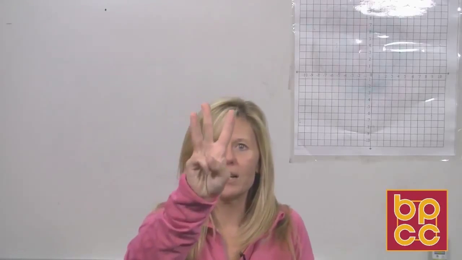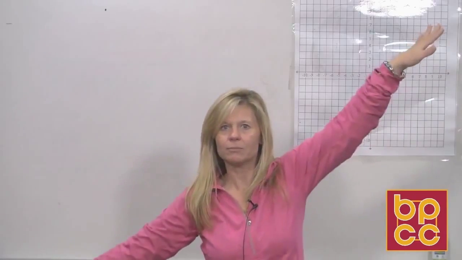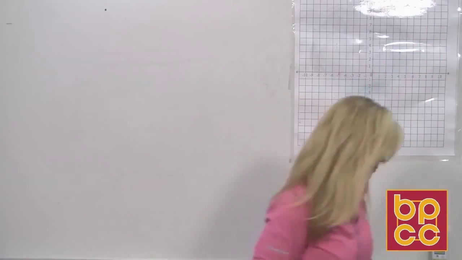And if you hold your hands slanted, you're making a diagonal line. So in this module, we're going to be graphing linear equations. Linear equations make lines. There are only three types of lines I could ask you to draw: horizontal, vertical, diagonal. Okay, let's go back to the notes.